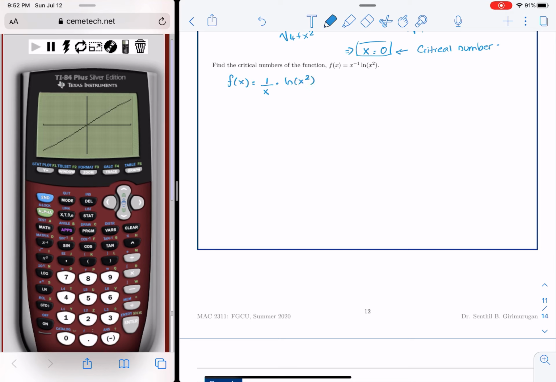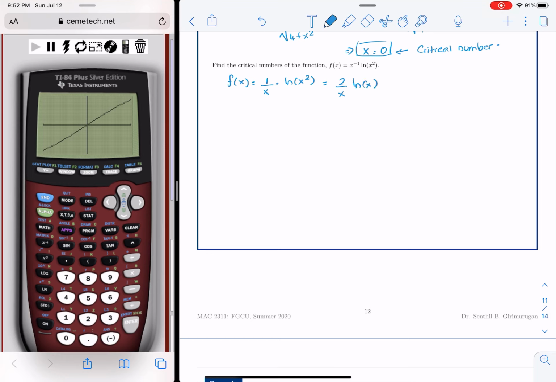We have to try our best to simplify it as much as possible prior to finding the derivative. Is there a way to simplify? If I use the properties of logarithms, I could move the 2 inside the logarithm out to the front, and I could have 2 over x multiplied by ln of x.